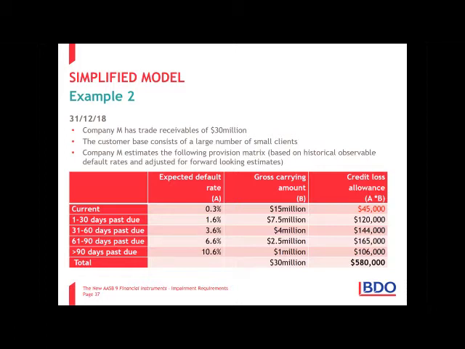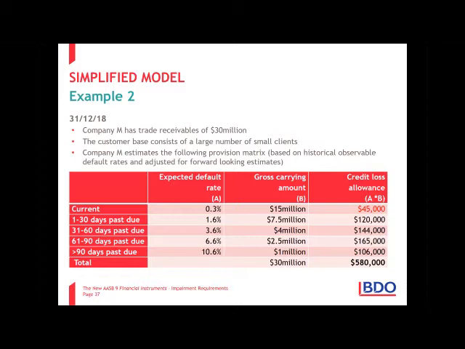So they've prepared this provision matrix where they look at splitting it between your gross carrying amount, which is the third column. Your receivables are split between current, 1 to 30 days past due, 31 to 60 days past due, 61 to 90 days past due, and then more than 90 days past due. So total trade receivables 30 million, and we've split them in different categories.